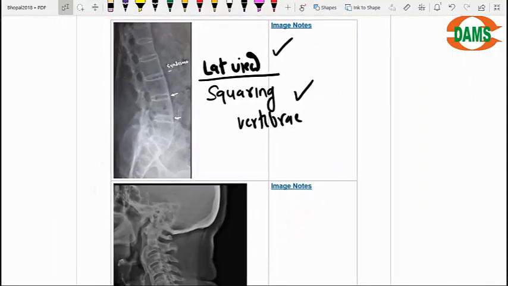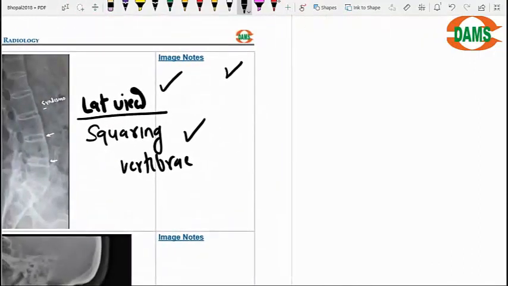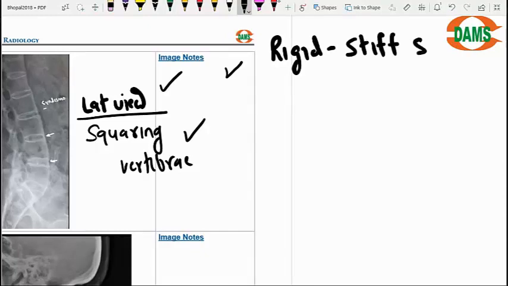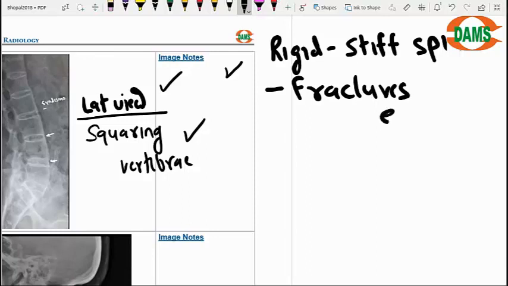Okay. Once you are clear, also remember people with ankylosing spondylitis have a rigid, stiff spine. Do you agree? अगर वर्टेब्रा आपस में जुड़ गए तो the spine will become rigid, it will become stiff. So anything which is stiff, it fractures easily. Spine in ankylosing spondylitis can fracture after minor injury.